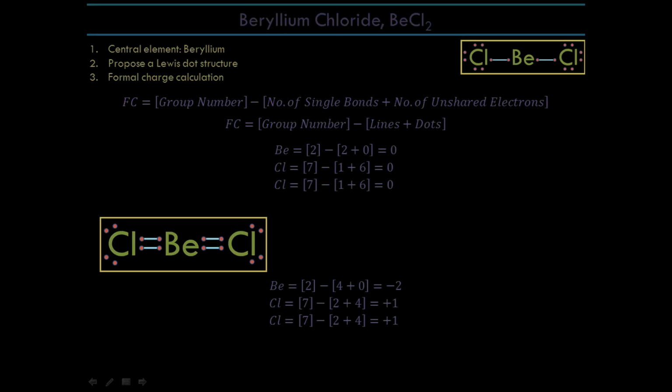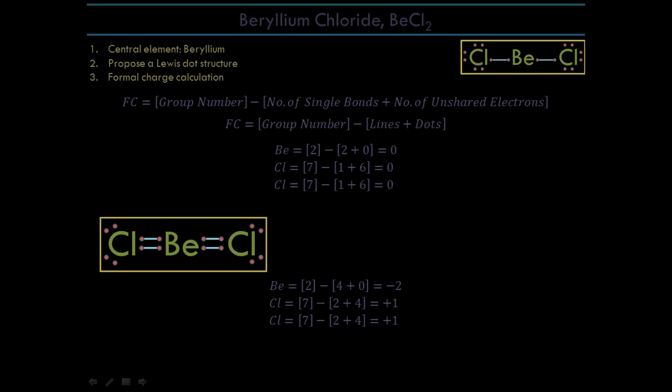And not only that, the best structure is one where each component has formal charge near 0. Again, the best structure is one that has formal charge for each element near 0.